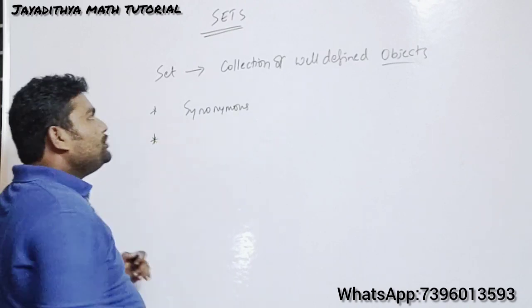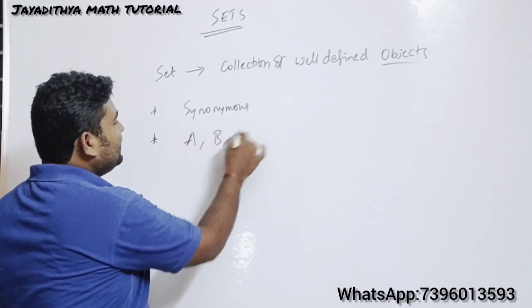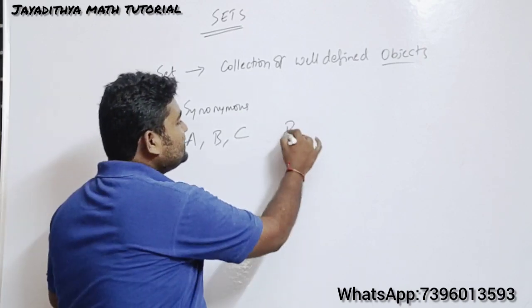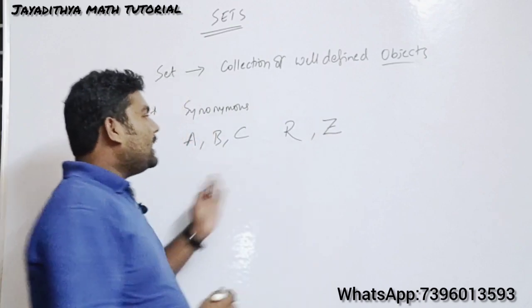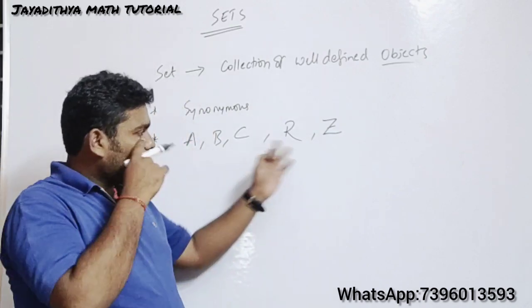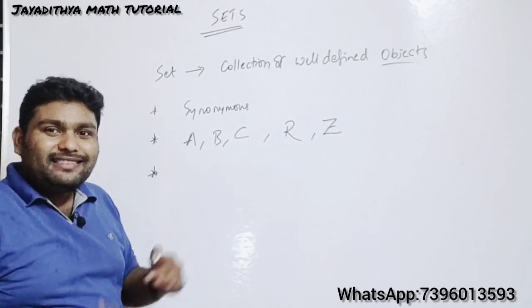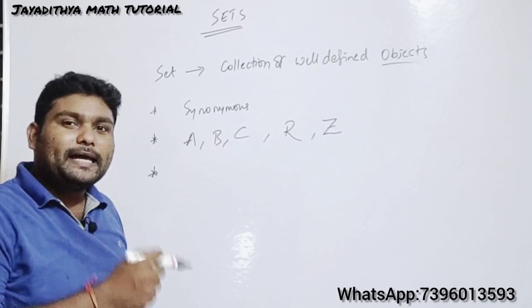And next, usually sets are represented by capital letters. Already we have seen the set of real numbers is represented by R, the set of integers is represented by Z. So sets will be represented by capital letters. And one more thing: the elements or the objects will be represented by small letters.